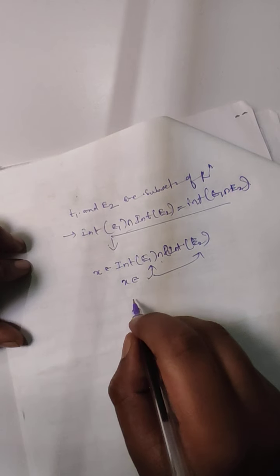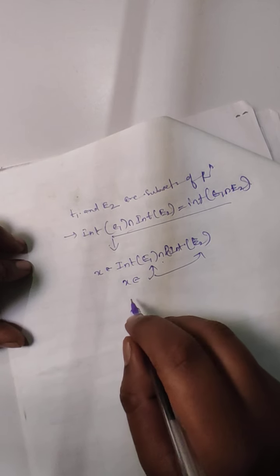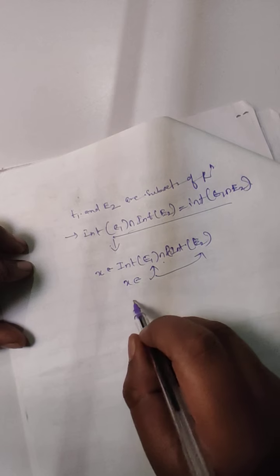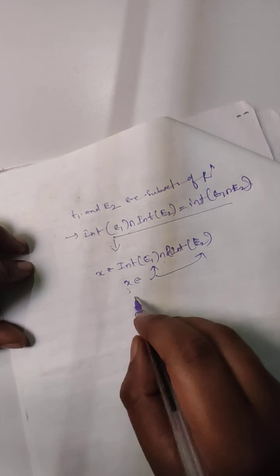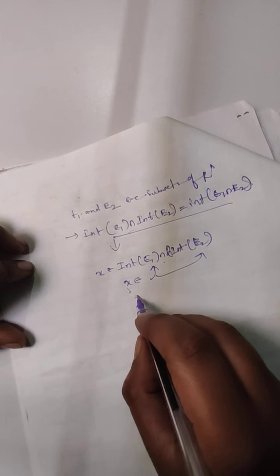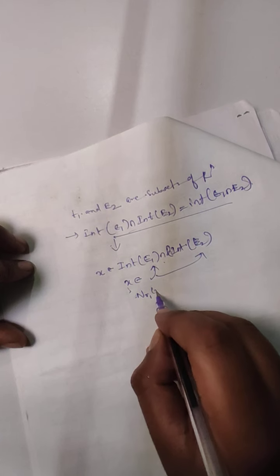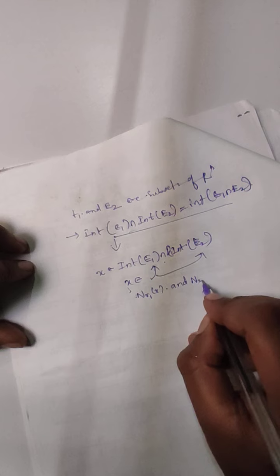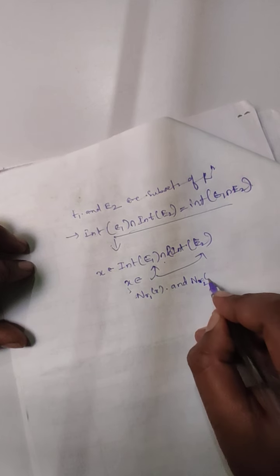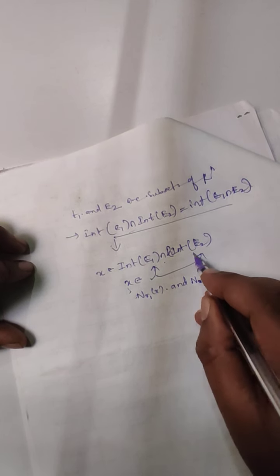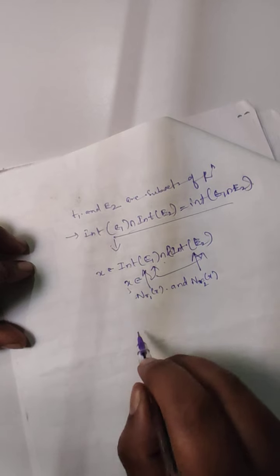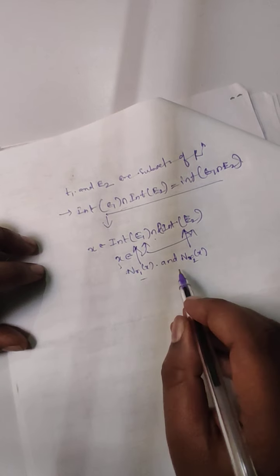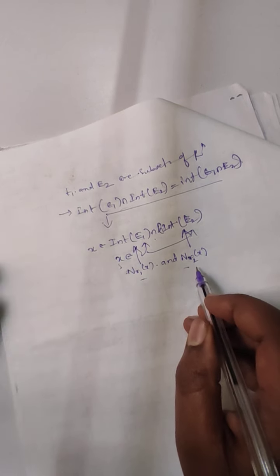Now if x belongs to both, we might have the radii of these two be different, r1 in N_r1(x) and r2 in N_r2(x). These are subsets of E1 and E2, so with different radii we have x.